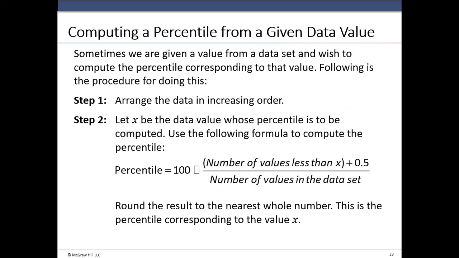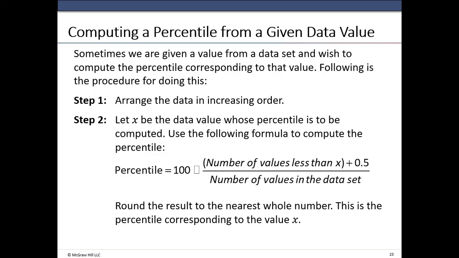Okay. Sometimes we are given a value of a data set and wish to compute the percentile corresponding to that value. Following is the procedure for doing this. Arrange the data in increasing order. Let x be the data value whose percentile is to be computed. Use the following formula to compute the percentile.